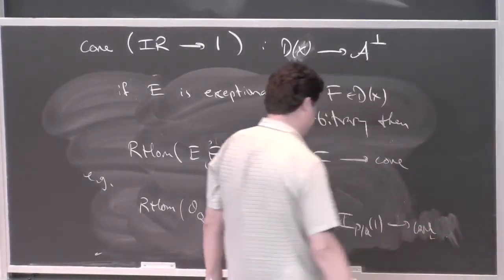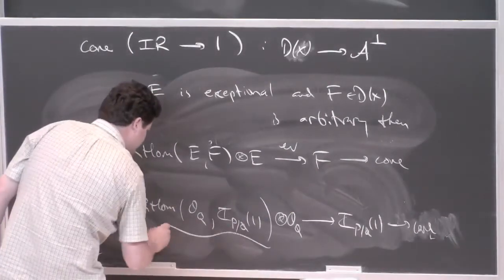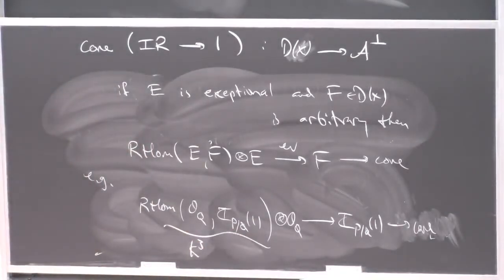We said the cone is a mix of kernel and cokernel. There was no cokernel, so we only saw the kernel part of it, and we were playing with that. But this was just K3 in the example that we studied earlier.